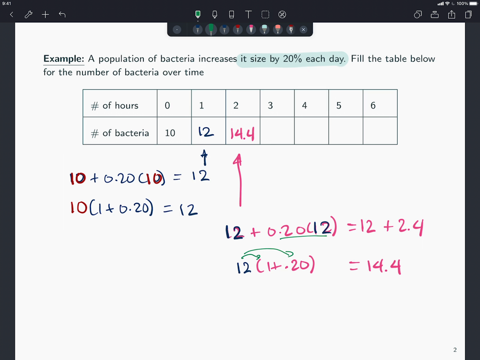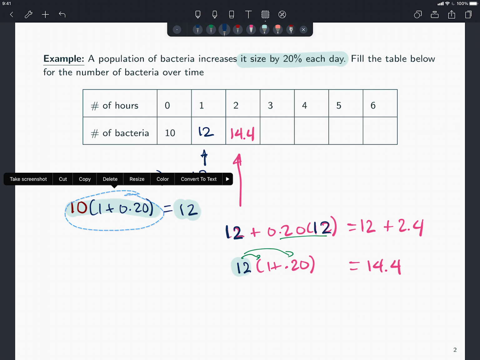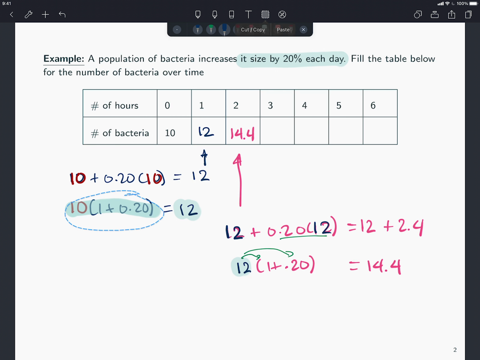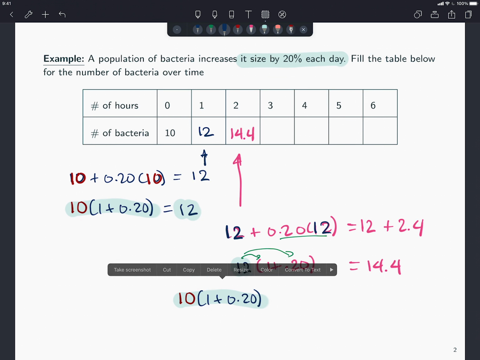But now I think about this. This 12 that I have here really came from this 12 that I had here. So I can write it like this. That 12 is really like, I could copy this and paste it right here. So I still have this other factor of 1 plus 0.20 again.